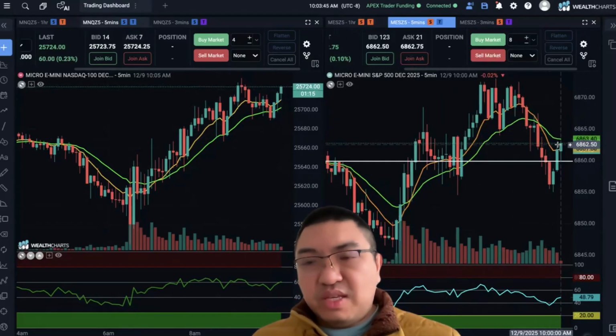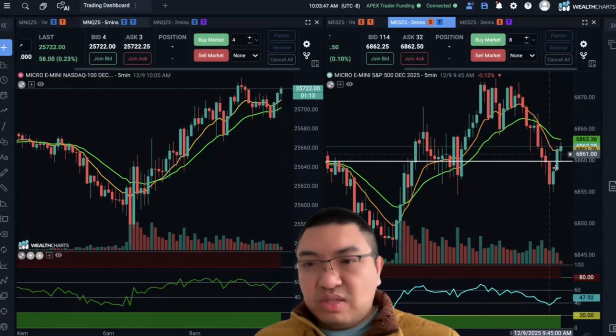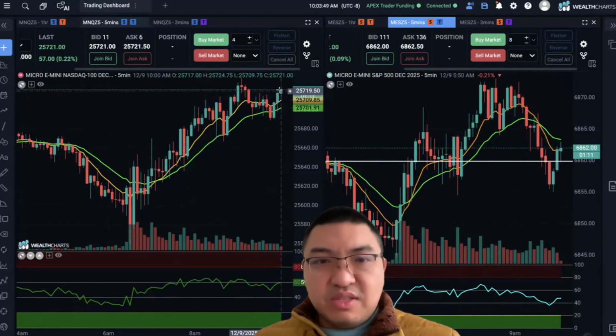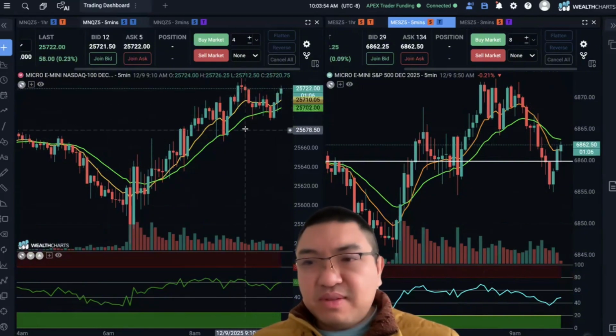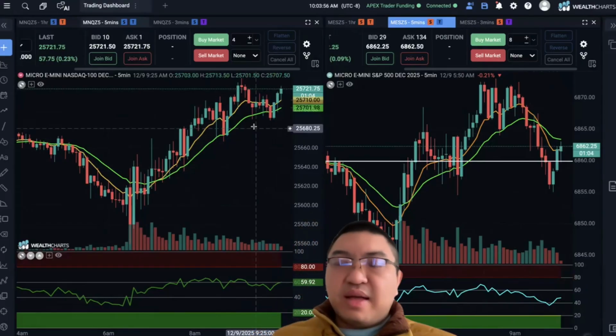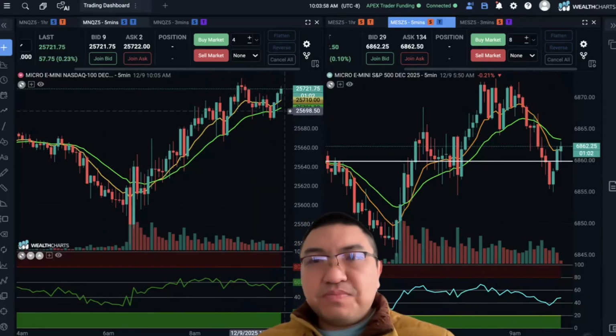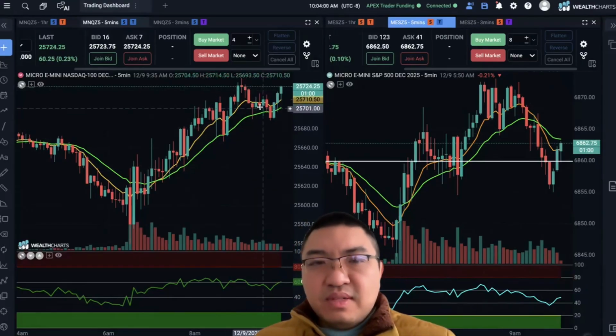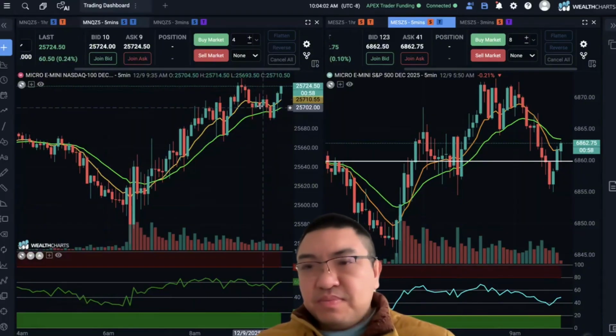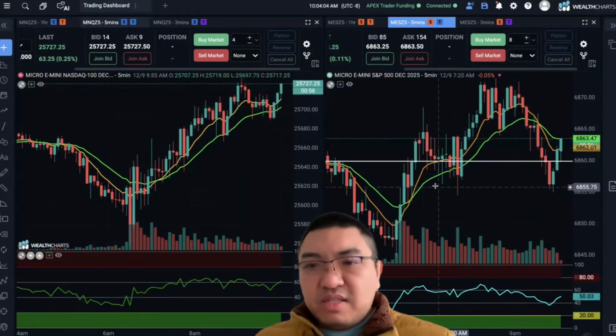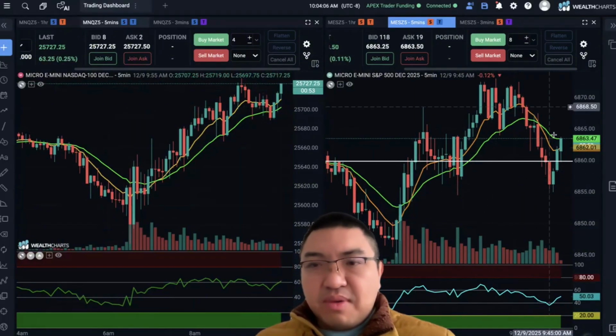Probably at this time I will trade ES because ES shows some downward, but it's very risky to go short for NQ. If I wanna go down, then I'll probably trade ES. So this time is not good for ES either up or down.